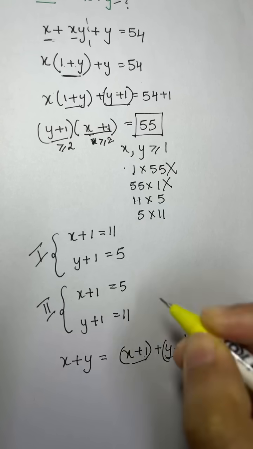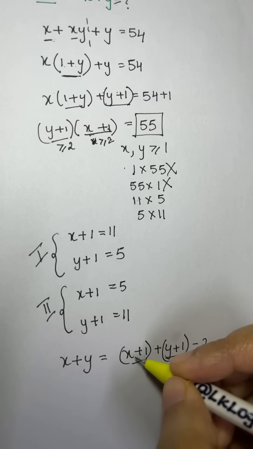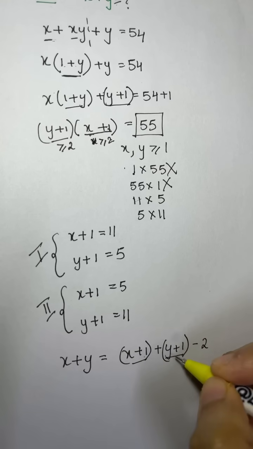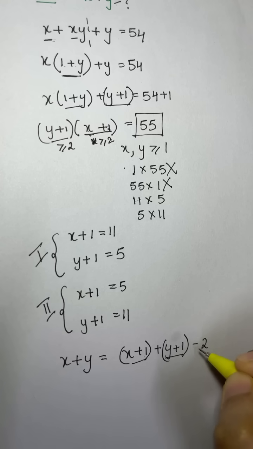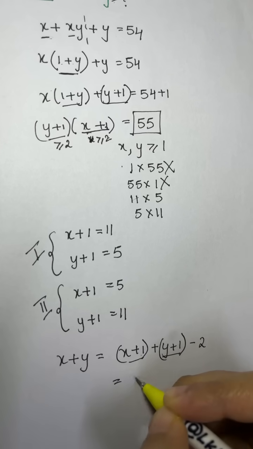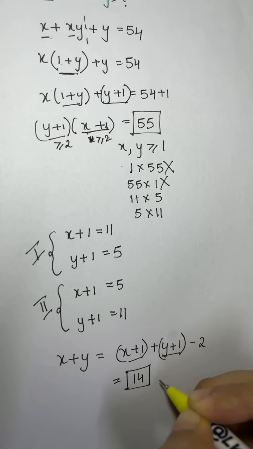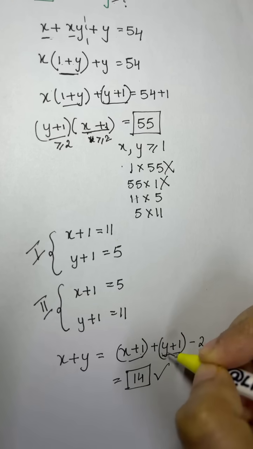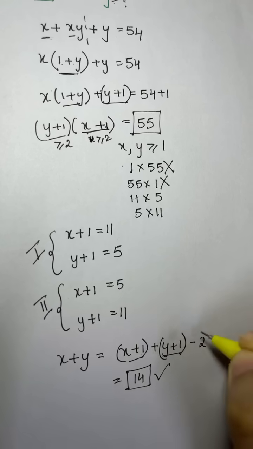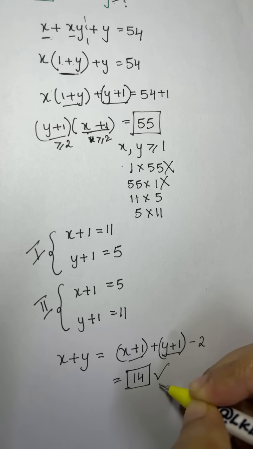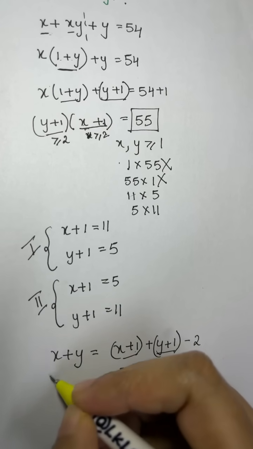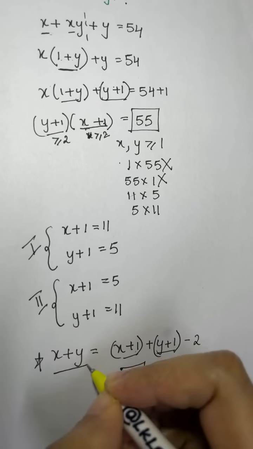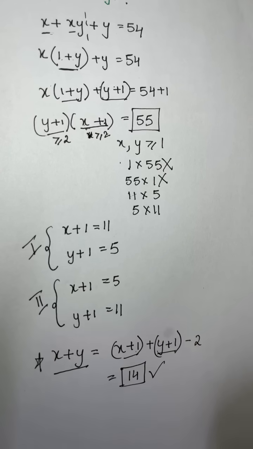If I take x plus 1 as 11 and y plus 1 as 5, it's 16 minus 2, that's equal to 14. Or if I take x plus 1 as 5 and y plus 1 as 11, 5 plus 11 is again 16, and 16 minus 2 gives you 14. So we got our answer, which is x plus y is equal to 14.